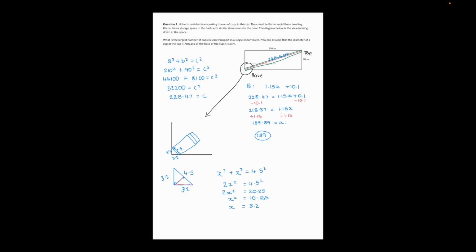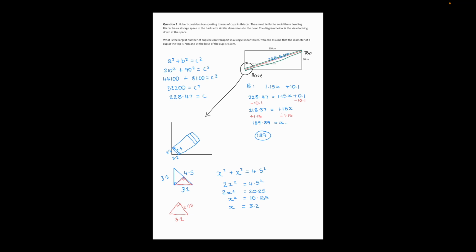So this part here, where this is 3.2, this we know is right angled. We can see here that's right angled, and it's going to be half of the 4.5 and therefore 2.25. So again, I can use Pythagoras.